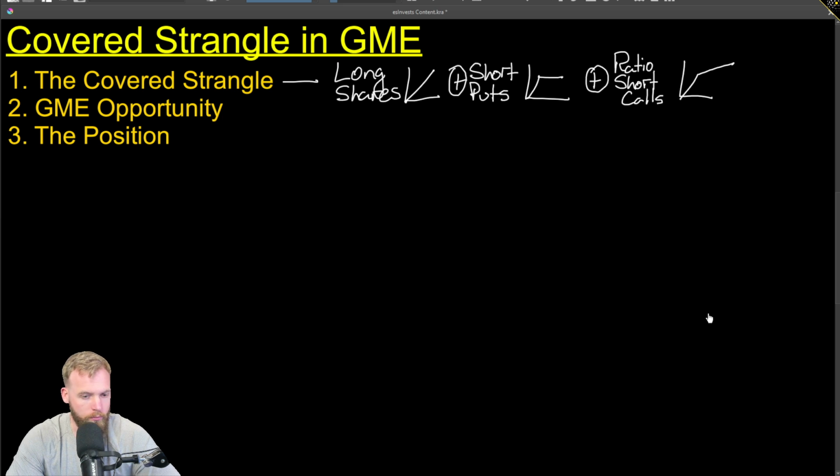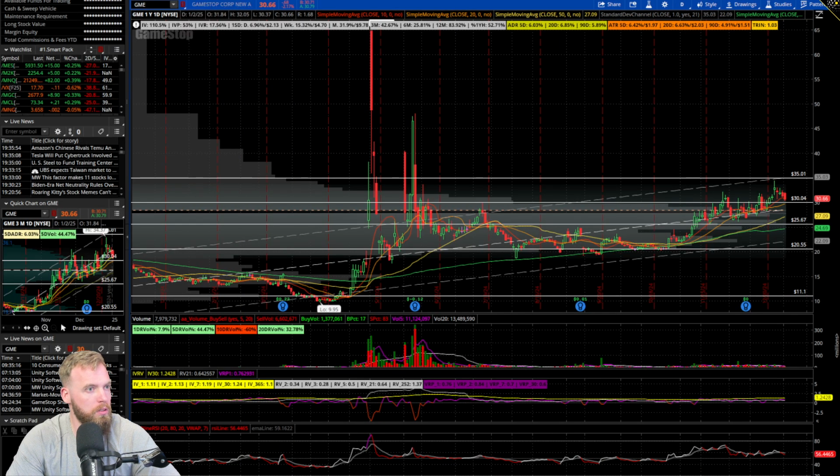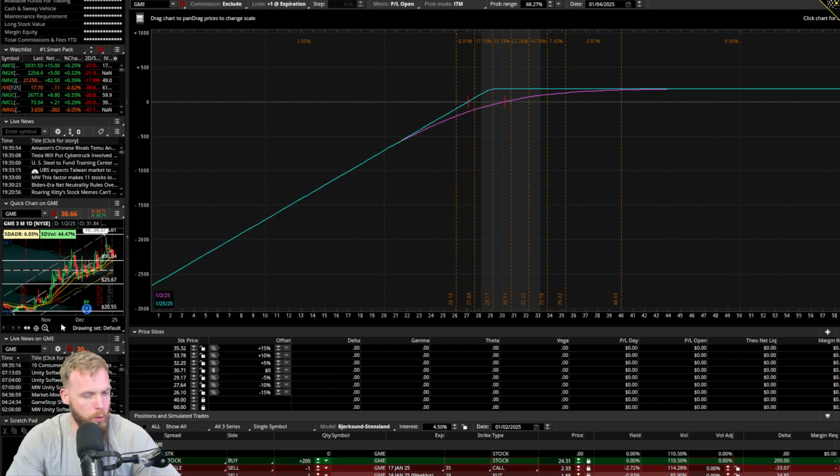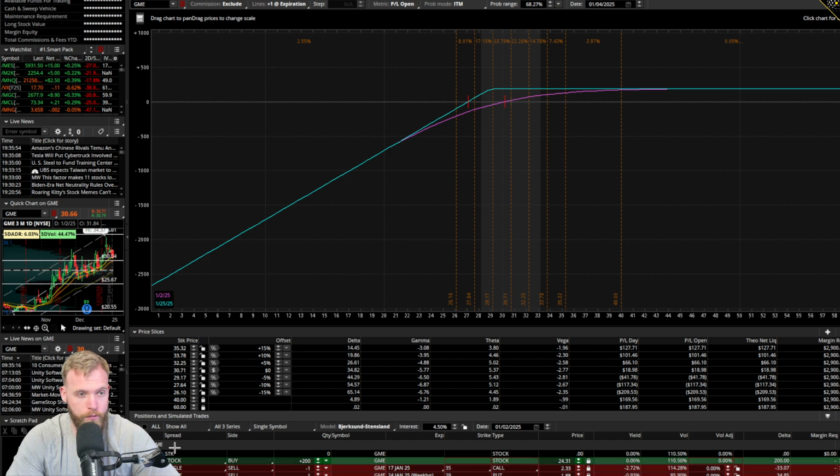Now, if we go back to this tab, this is what long shares look like. It's essentially a positive sloping line that moves one for one, dollar for dollar with the underlying. So pretty straightforward. Now, if I show you the short put component by itself, you'll see that it has capped profit potential, uncapped risk to the downside.